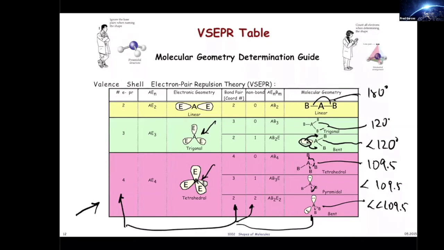So it looks the same because what you have is a central atom connected to two other atoms, but one has a skeleton that originates from a trigonal. So there's a lone pair here. Another is a skeleton that comes from a tetrahedral.